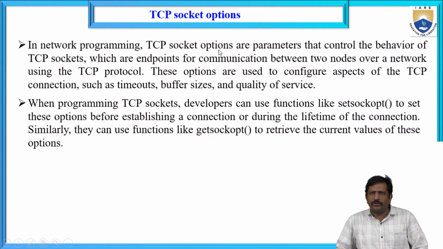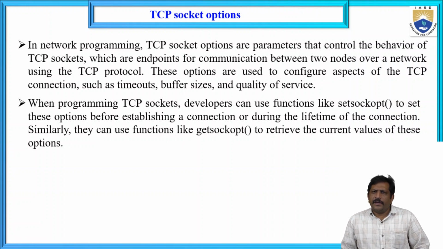These options are used for configuring aspects of TCP connections, such as timeout, buffer size, and quality of service. When programming TCP sockets, developers can use functions like setsockopt to set these options before establishing the connection or during the lifetime of the connection.